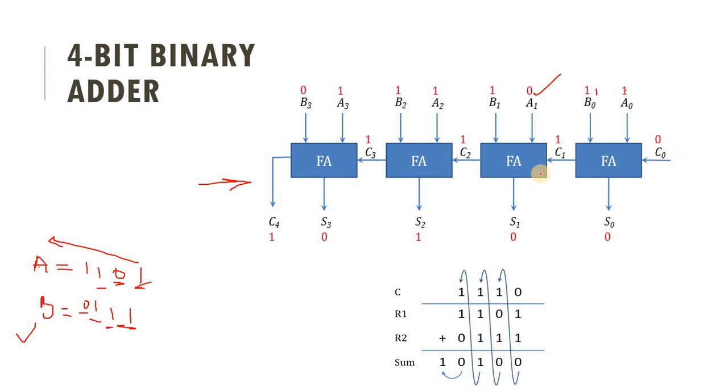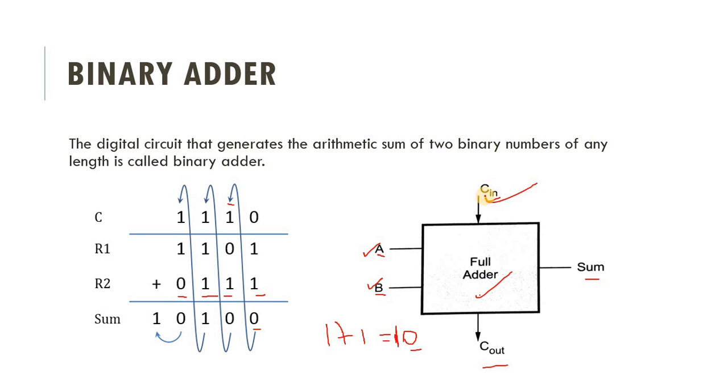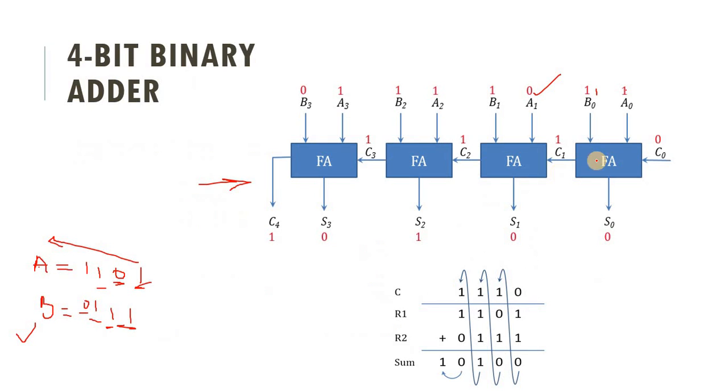Now how is it performed? It requires carry inputs. Here we are providing carry input C0 as 0. Why? Because suppose you are adding 3 plus 2, it generates output 5.